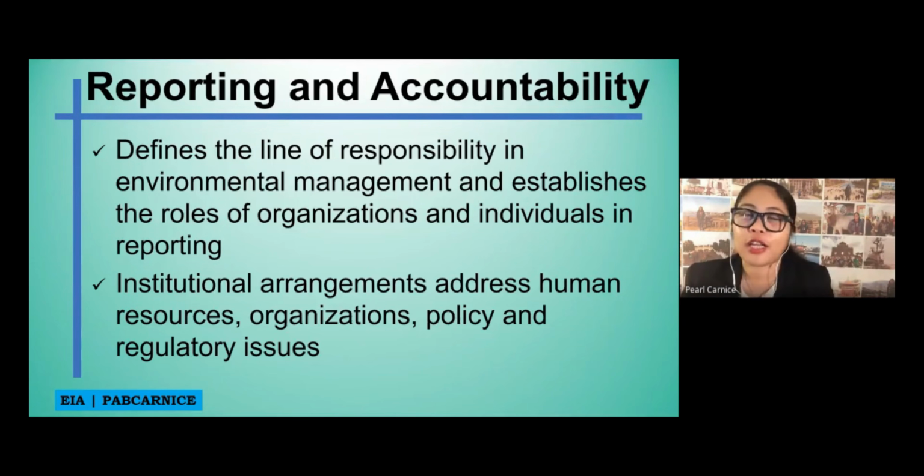With the ECC itself, of course, you are connected. You have to abide by the rules and regulations and other statements indicated in your ECC. Therefore, you have to work with the DENR-EMB. So again, with the reporting and accountability, these are institutional arrangements that address human resources, organization, policy, and other regulatory issues. So, yeah. All right.